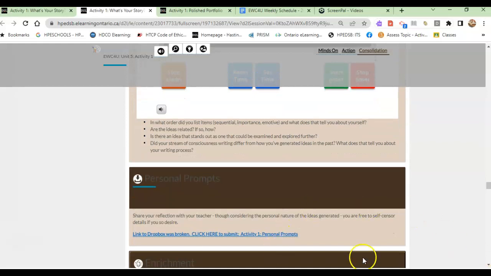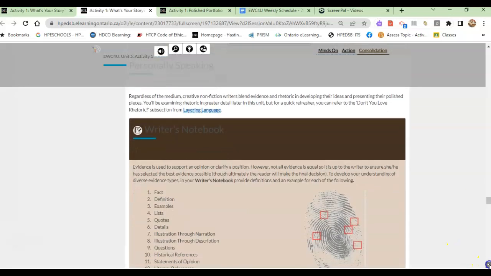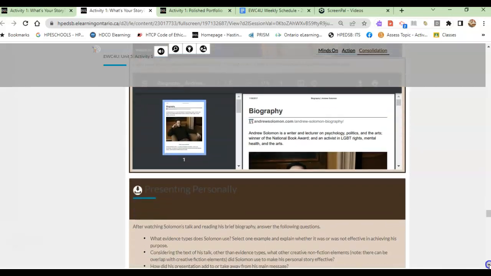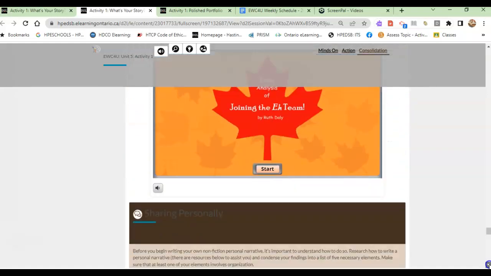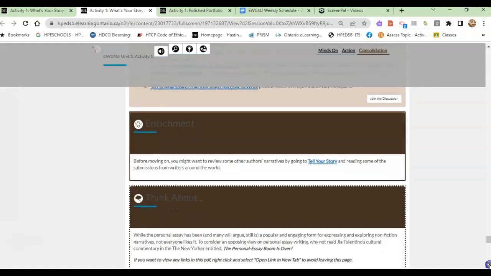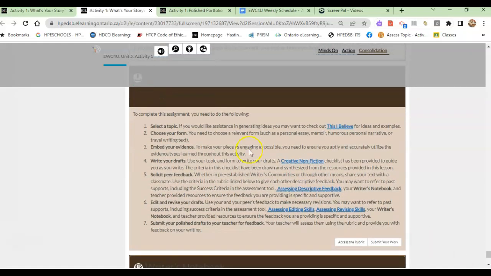None of this is necessarily due, but we are going down all the way to the bottom, looking for activities that might help you understand personal narratives, all the way down to Me, Myself, and I. There are ideas and examples of what a personal narrative is, and you're going to write your own personal narrative story.